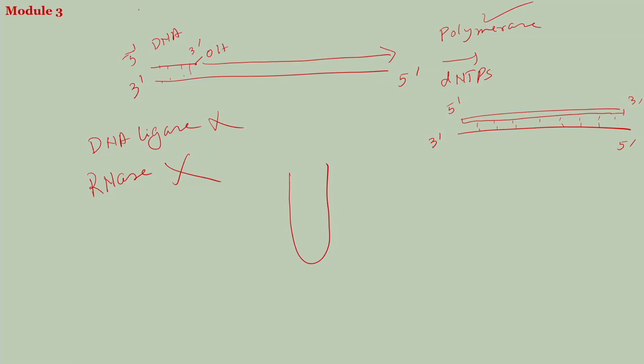So, now basically you can have your test tube, you can take all the four dNTPs, you can use a single polymerase, and you need the DNA primers, two DNA primers, and you will have your amplification as you move on.